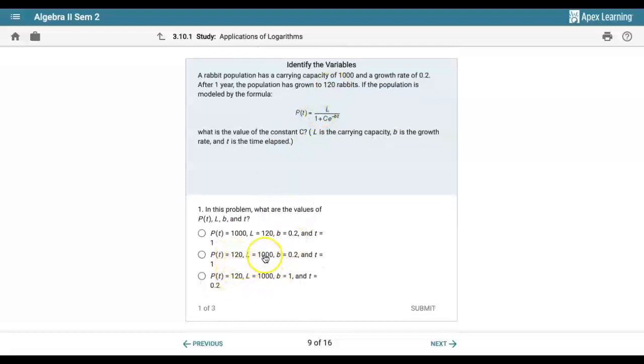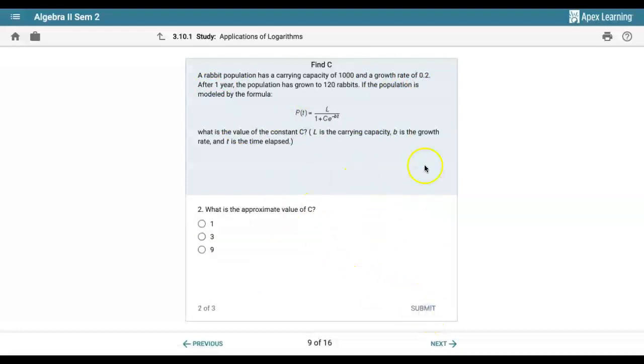Our carrying capacity is still 1,000. Our growth rate, the constant B, is 0.2, so that's where this one differs. And to confirm, it's after 1 year, so T equals 1. That's how we would look at this problem.